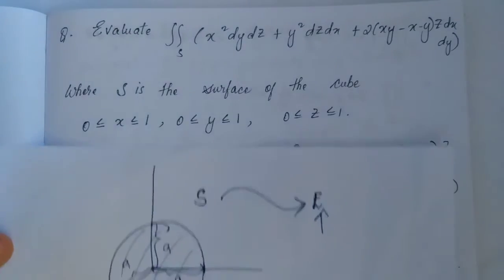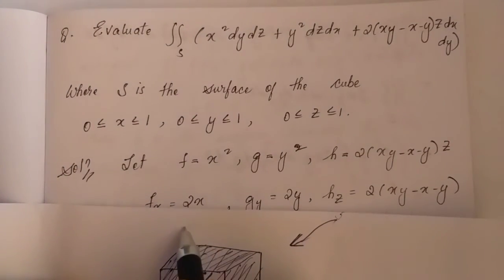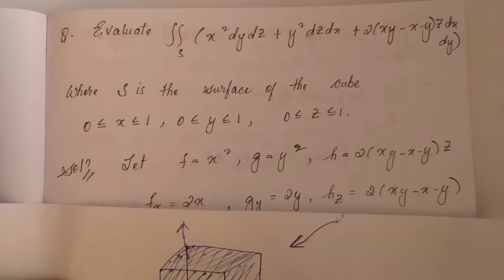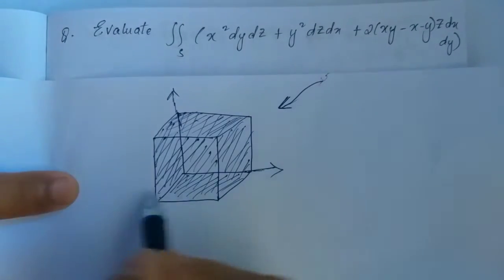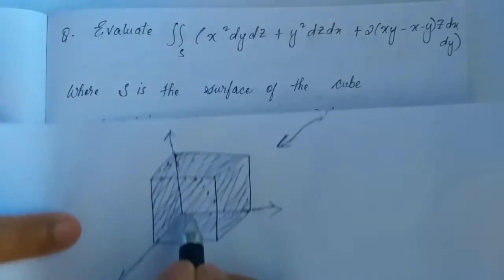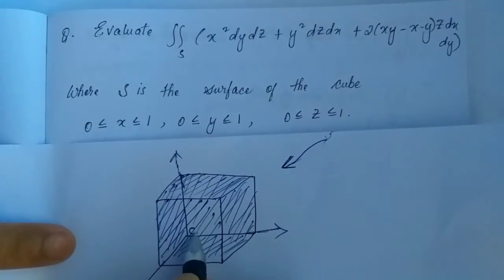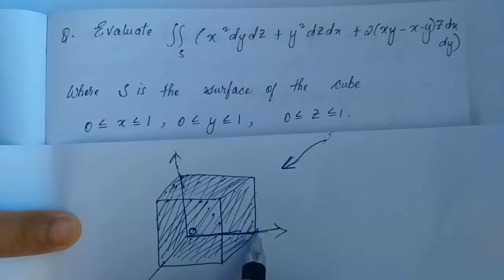Let me draw. Okay, let me use this cube from before. Suppose this is the origin O. X will vary from 0 to 1 here.